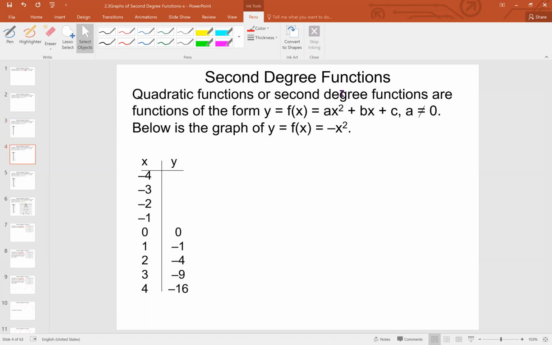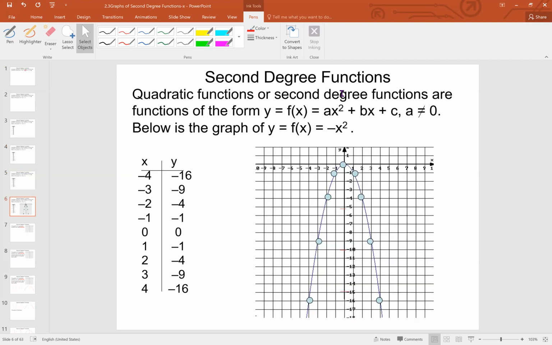It's minus 16, minus 9, minus 4. Same thing for the negative x's. This table is symmetric, up and down, so when we graph it, we get a symmetric graph.